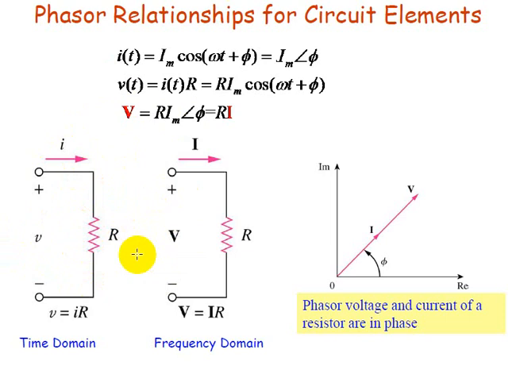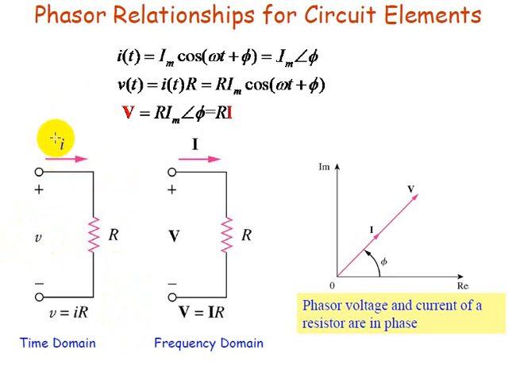For example, this is our circuit, where a current I is applied, and for this current we have a voltage V. In the time domain, we can determine the voltage from the provided current easily using Ohm's law. Small v is the time representation of voltage, and small i is the time representation of the current.